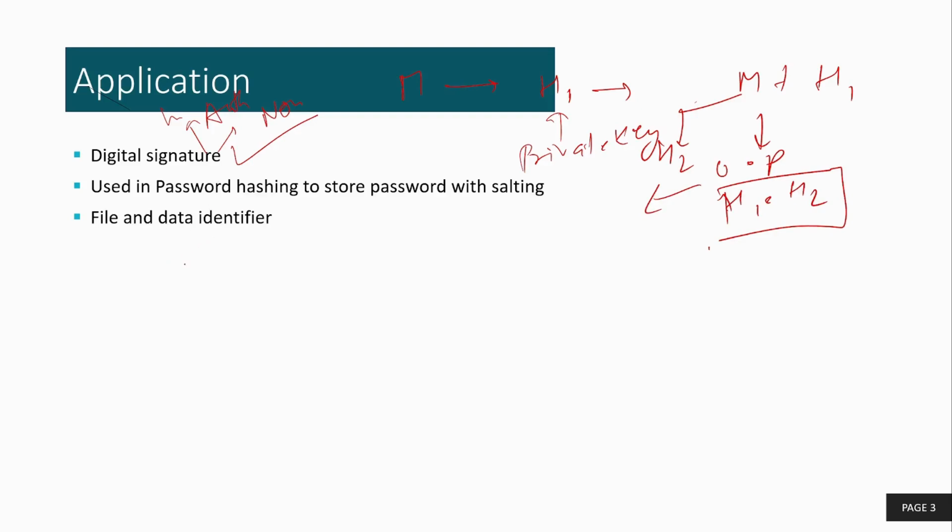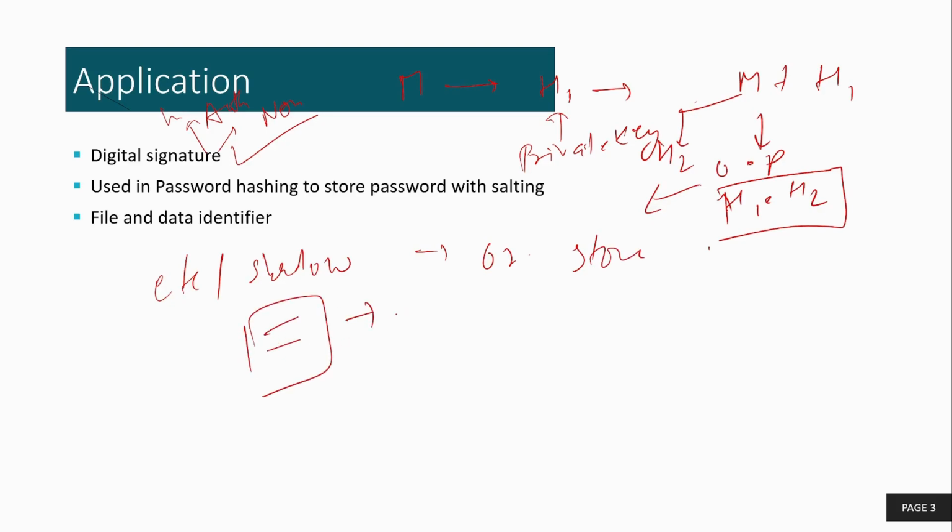Next is password hashing. Your /etc/shadow files and all those different things are the way organizations store your credentials. When you log into, for example, Facebook, your passwords are stored in hashed form with salting or pepper.